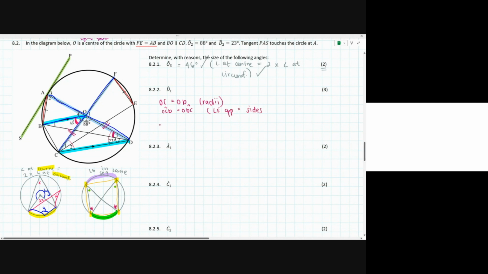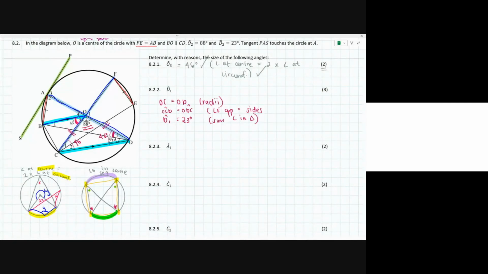And so, yes, we can absolutely say 180 minus the 88 divided by 2 to get what these angles each would be, which are 46 and 46. And then you can go ahead and say sum of angles in a triangle. So D1 would be equal to 23 degrees, sum of angles in triangle. Okay, that's absolutely fine. Nothing wrong with that.